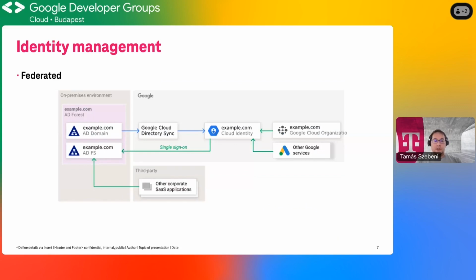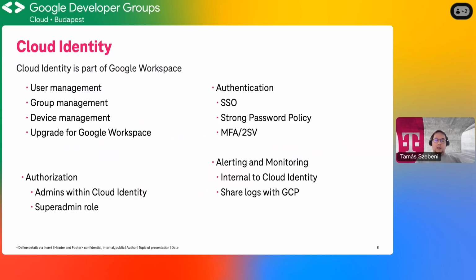And this is recommended also because this way the user lifecycle management is also ensured. So there is no need to do manual user deactivation after user offboarding, something like that. So I was mentioning Cloud Identity, and I was mentioning the user management, but it is not the only important feature, because we can group these users into groups.